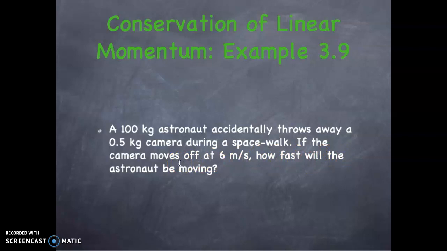So you have to visualize the problem. The astronaut has a very large mass, 100 kilograms. The camera only weighs a half of a kilogram. The camera is thrown at a fairly high speed, 6 meters per second. Now, what's going to be the speed of the astronaut?